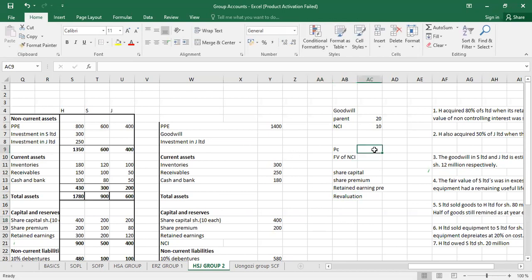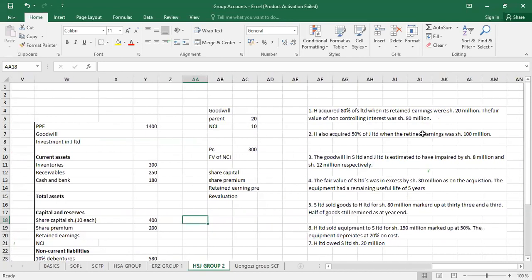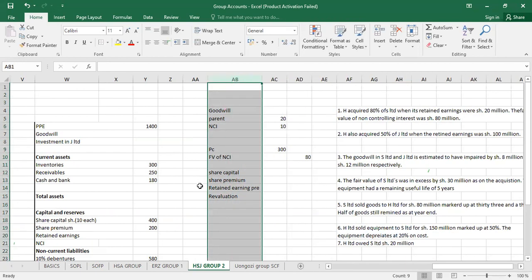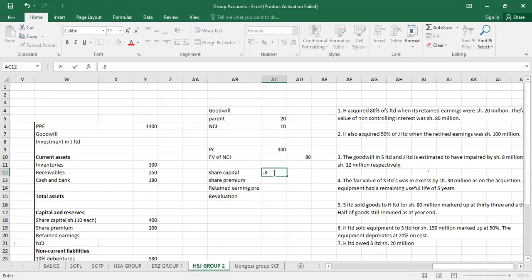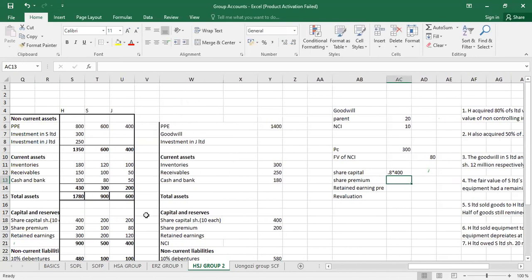The purchase consideration here is 300. The fair value of non-controlling interest, we've been told here, is 80. Then the share capital: for the parent it is here, this is NCI. For the parent it is 0.8, multiplied by 200.